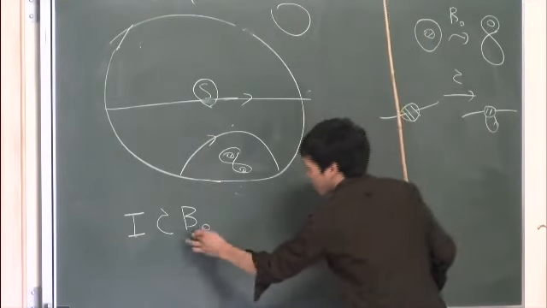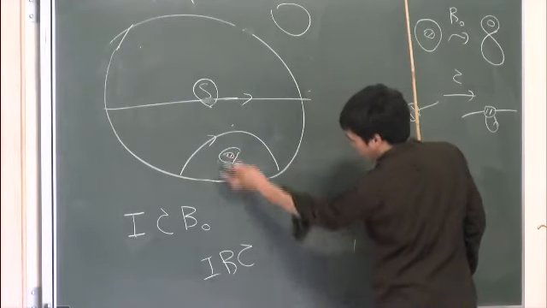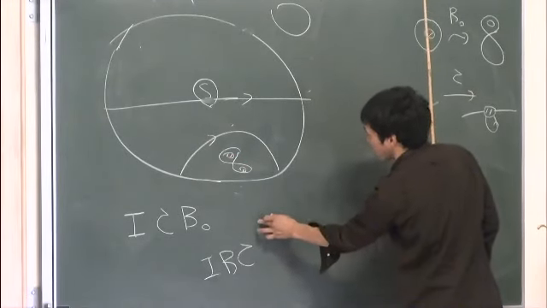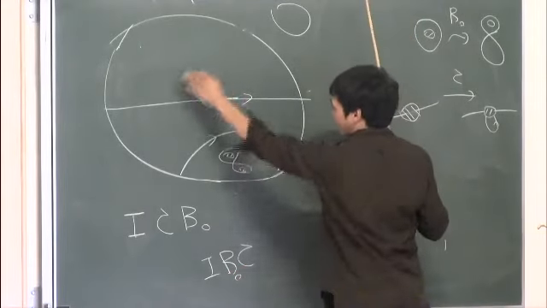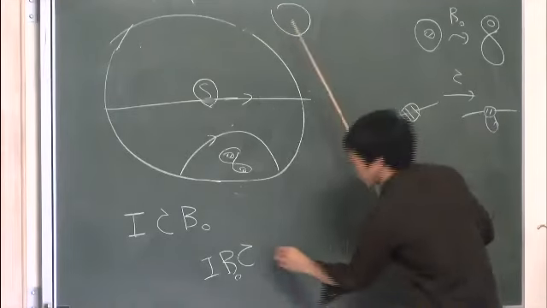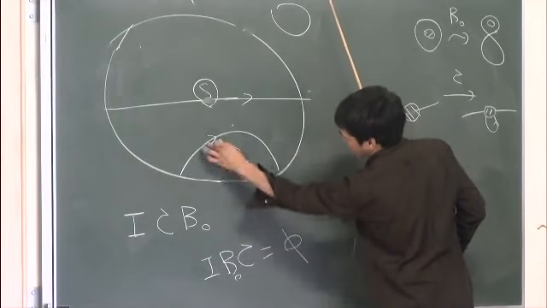Yes, O, B0, C can be represented this way, because B0 can be applied to this schematic picture. So this is an empty set, but this represents this picture.